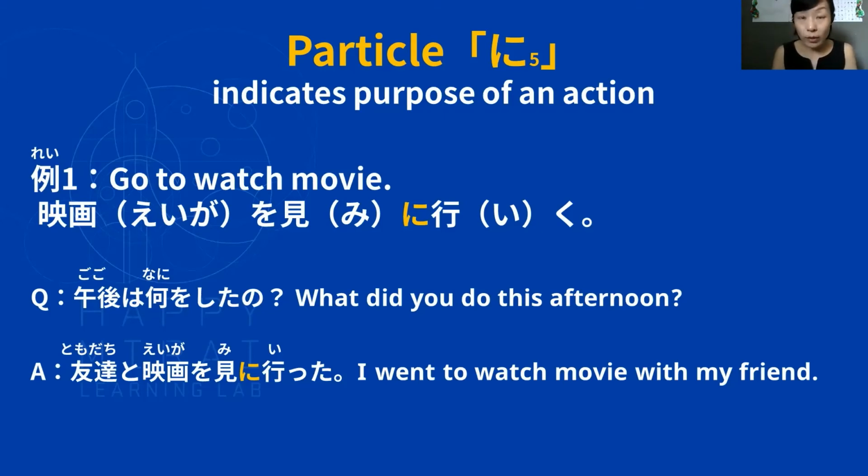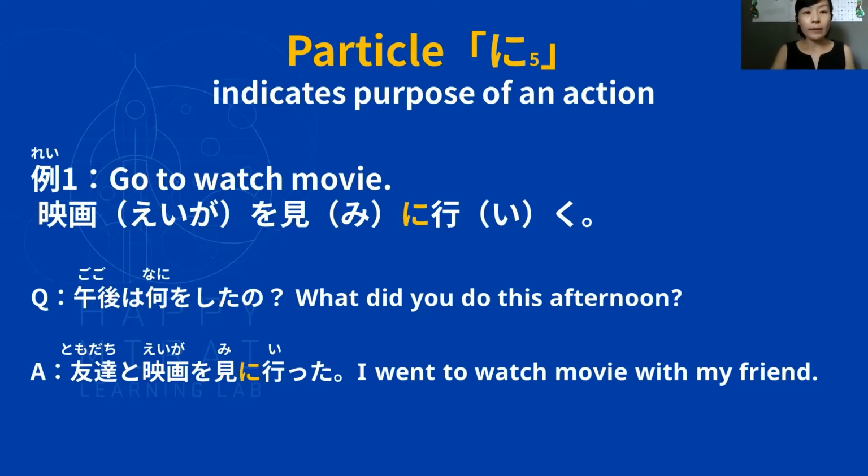What did you do this afternoon? For example, the answer, 友達と映画を見に行った。Yeah, I went to watch movie with my friends. 友達と, the と over here is with. いいですか? So the purpose of an action is, yeah, go to watch movie. The purpose is watching movie.